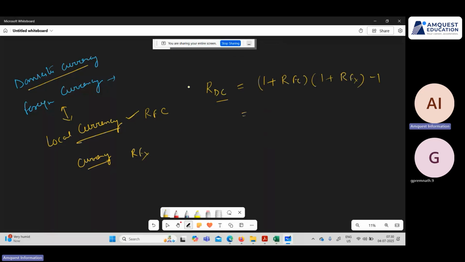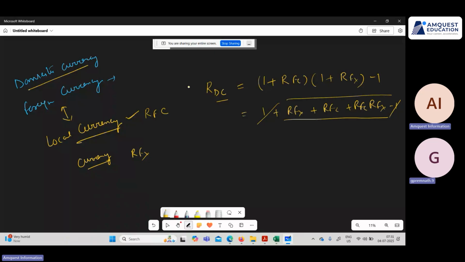So isn't it as good as 1 plus RFX plus RFC plus RFC times RFX minus 1? Yeah. So this is the exact formula that we need to remember.